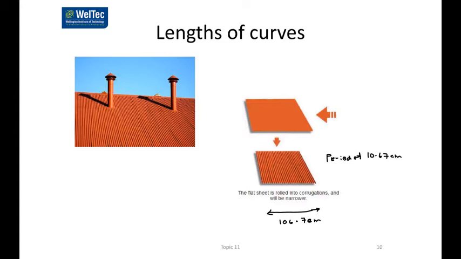That's the distance from the top of each wave to the top of the next wave, and it has amplitude of 1.35 centimetres. So that's the height from the midpoint of the wave to the top. And the question is, how wide should this have been to give us a corrugated sheet that's 106.7 centimetres wide?